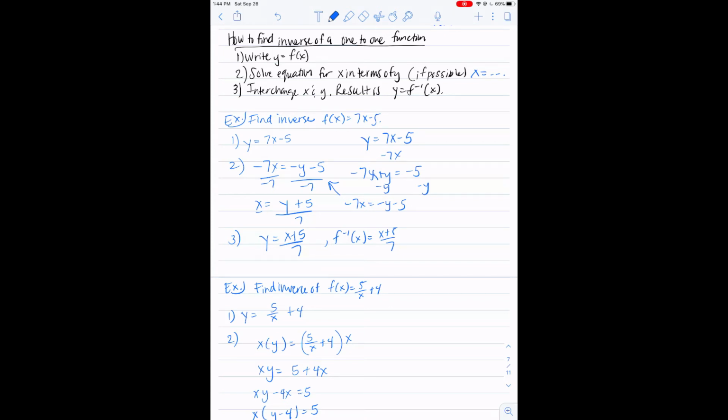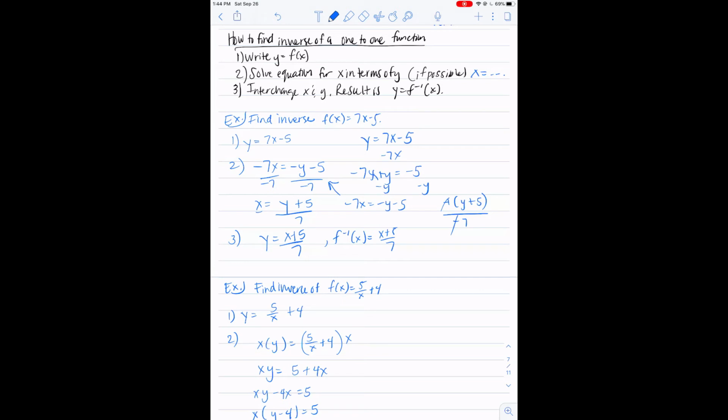Then I divided by negative 7, and I could factor out the negatives from all these terms. So I would have negative 1 times y plus 5 over negative 7. These negatives cancel. So I get x equals y plus 5 over 7.